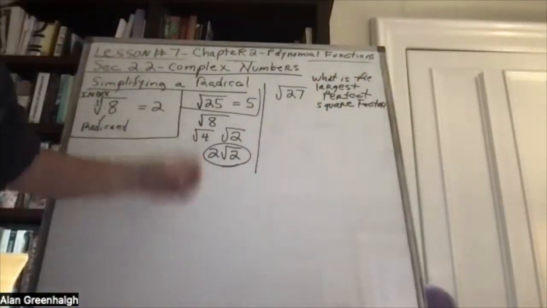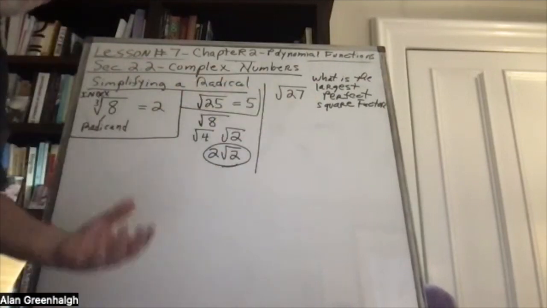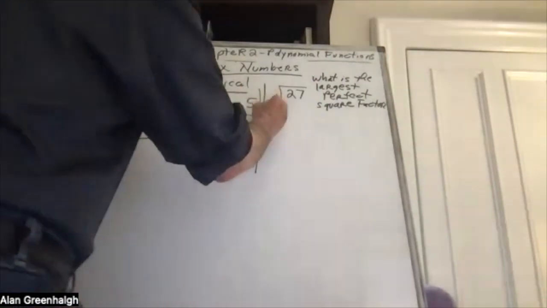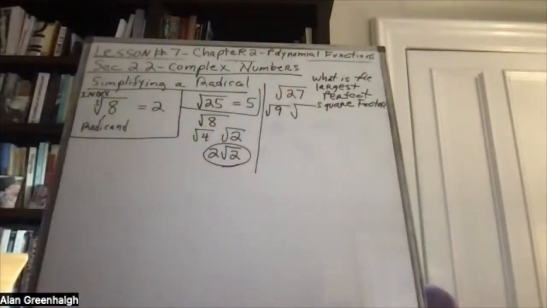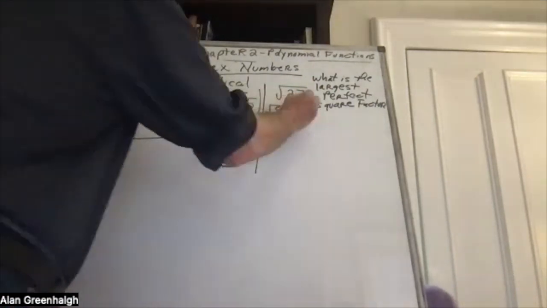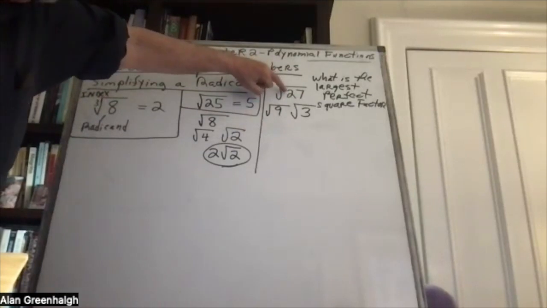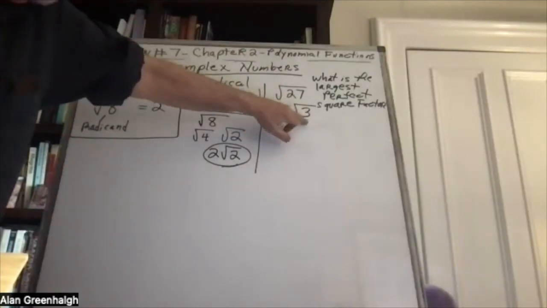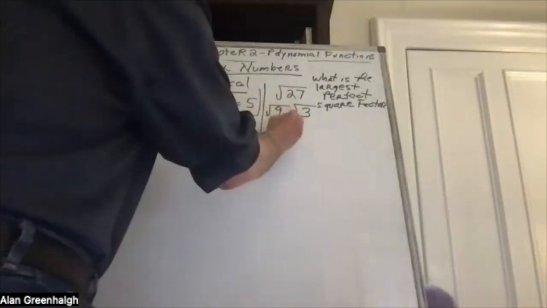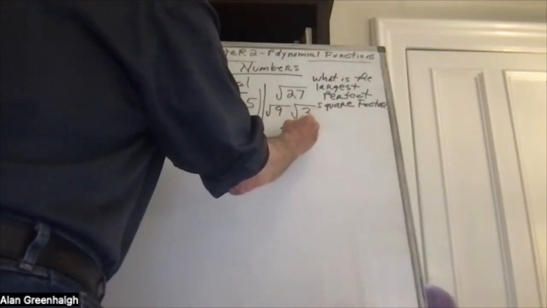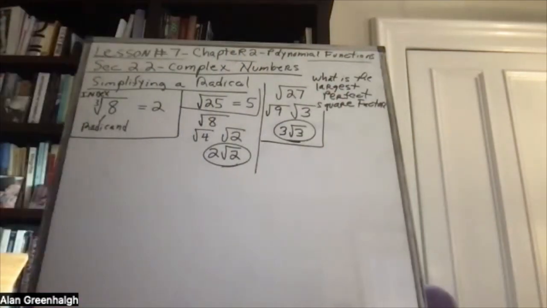What is the largest perfect square that divides into 27? And so you have to know your perfect squares. Now this would be 9, and then whatever is left over, which is the 3. So the perfect square factor of 27 is 9 times 3 is 27. Now you could take the square root of 9 and get 3, and then you just bring along the radical. Again, that's called simplifying a radical expression.